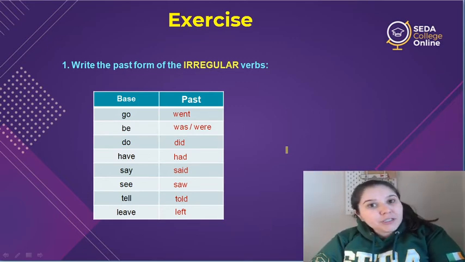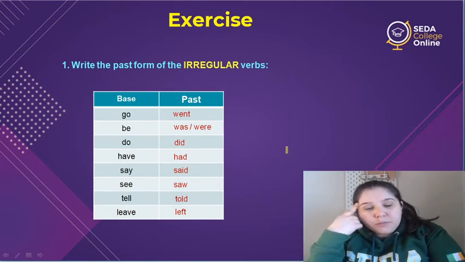Let's practice saying them. Repeating is a very good way to help the memory, okay? So let's try and repeat them, learn the pronunciation, and memorize the past form of the verbs. So let's go together.